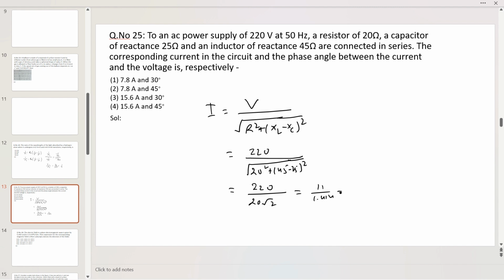So this comes out to be 7.8 ampere. And your tan theta will be equal to XL minus XC by R, so this will be 20 by 20 equal to 1. So theta will be equal to 45 degree. So your option 2 is the correct answer.